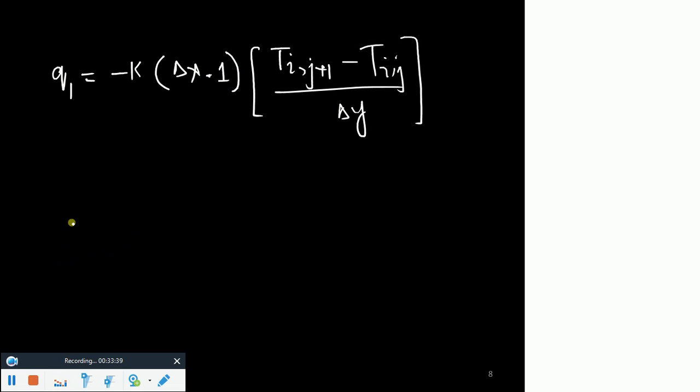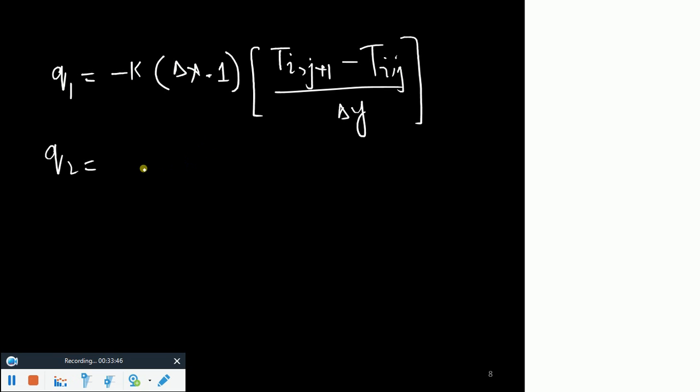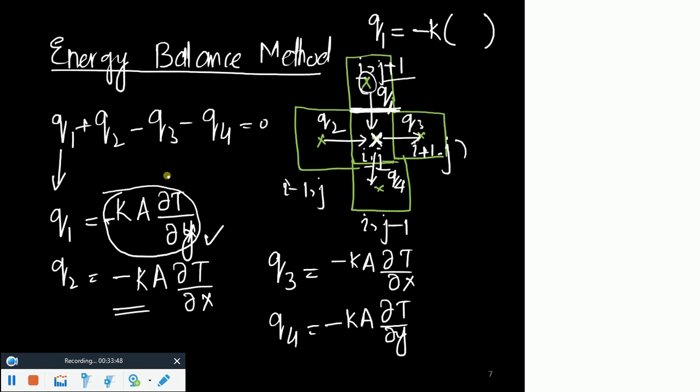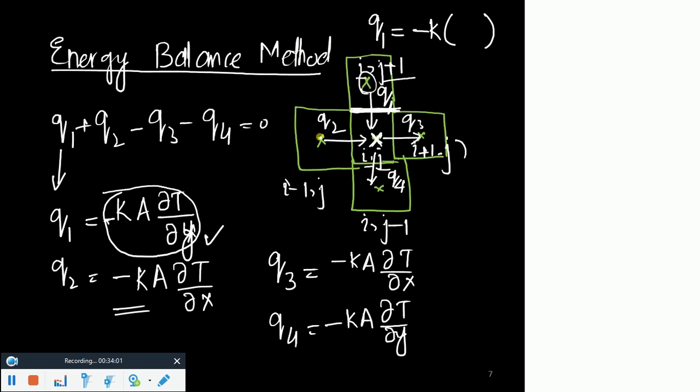Now similarly for Q2, just see, what can you say? This is minus K. What is the area? Delta Y into 1. And then it is going from where to where?